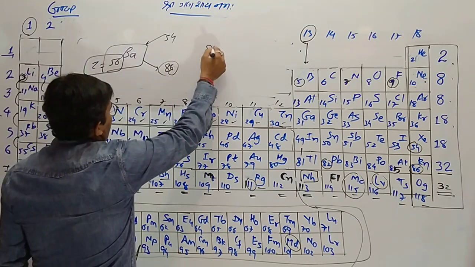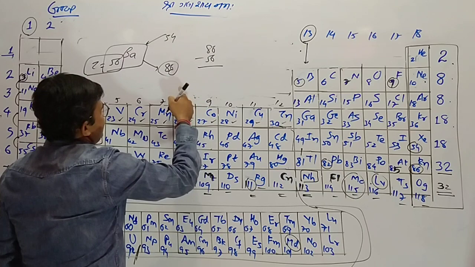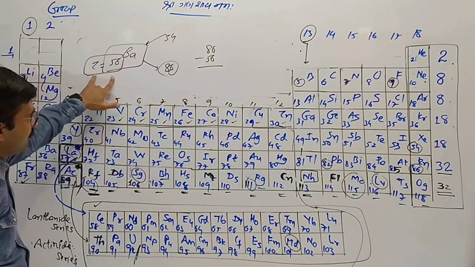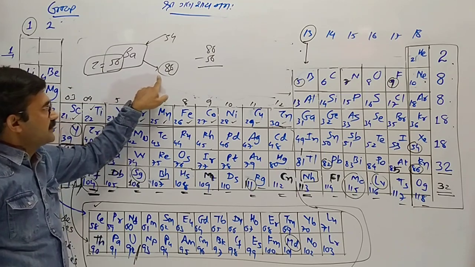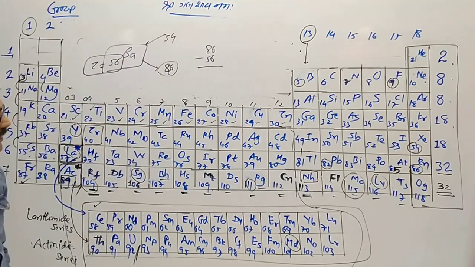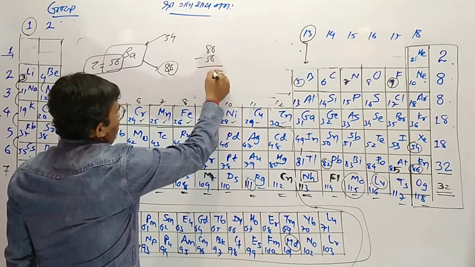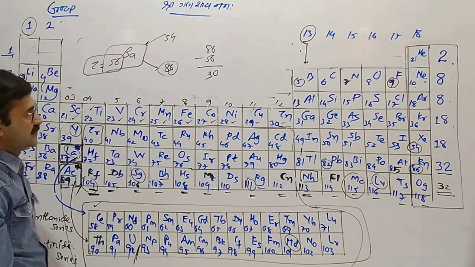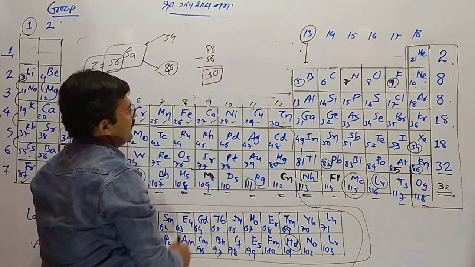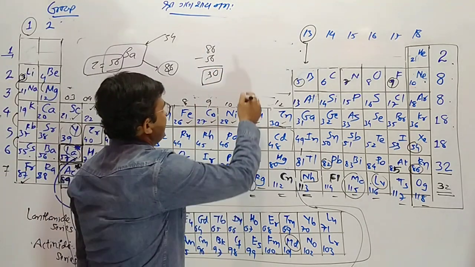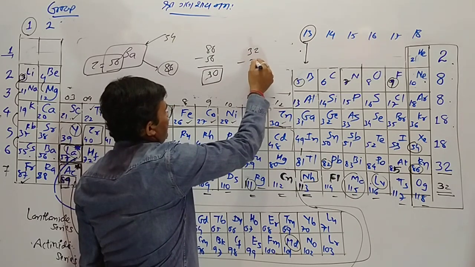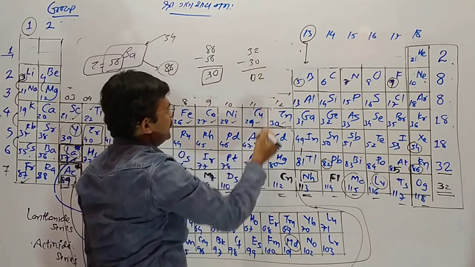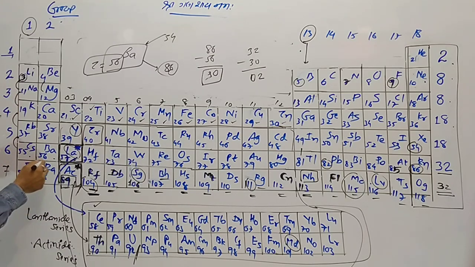So 56 we have to subtract from 86, the atomic number of the last element of that period. So 86 minus 56, so 30. So we can't subtract 30 from 18. So 32 minus 30. So it will be 2. So group number 2 and period number 6.